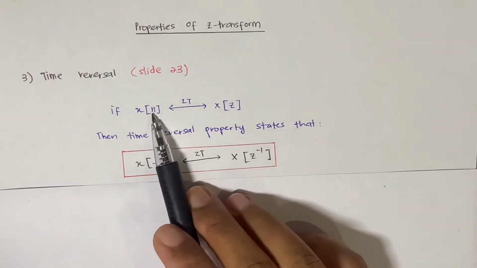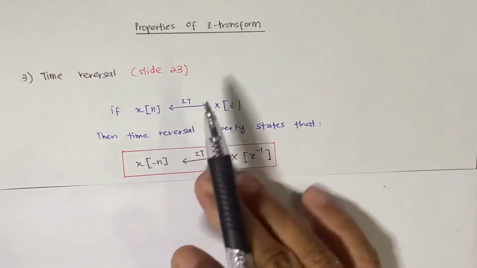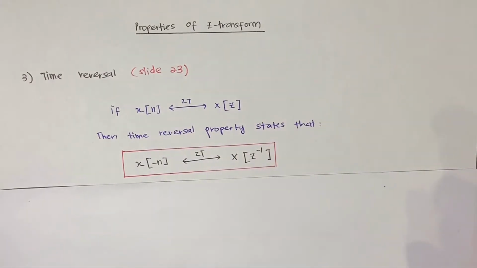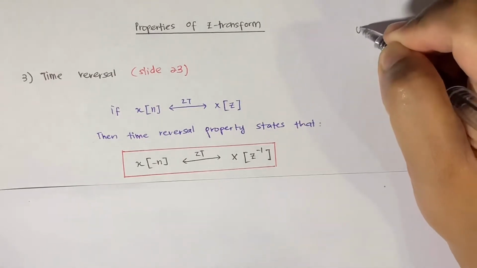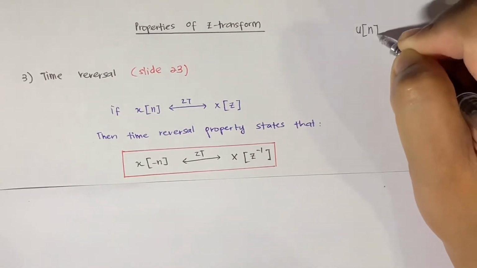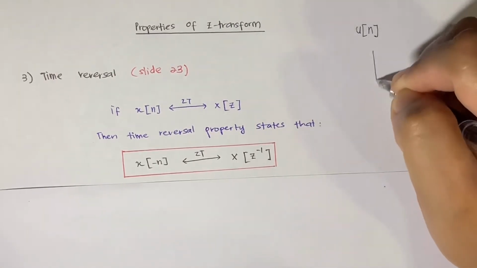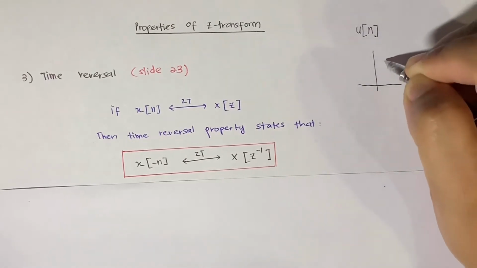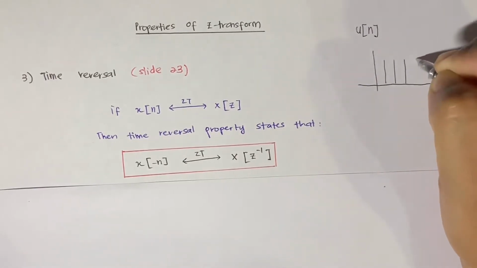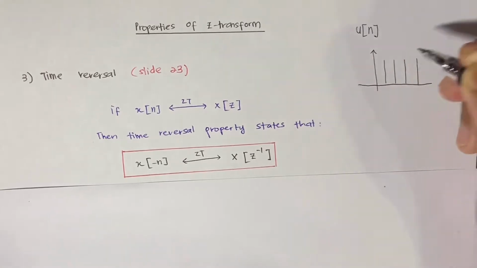Actually, x[n] refers to the right-sided signal. If you have u[n], the signal is at the right side.